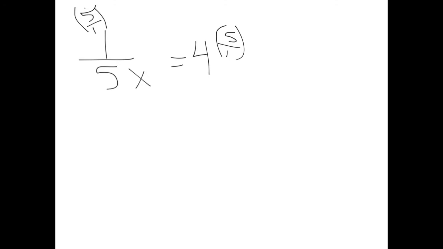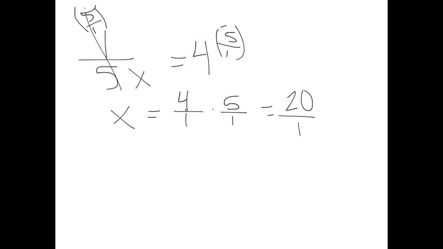So we would have x equals 5 over 1 times 5 over 1, which is 25 over 1, which translates to 25, and that would be our answer in simplest form.